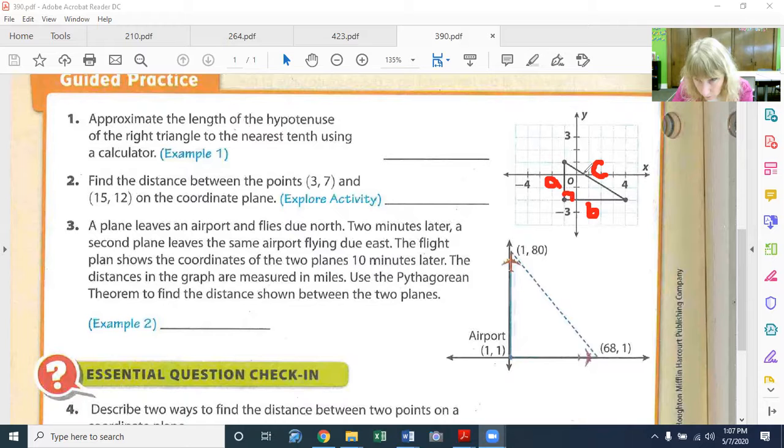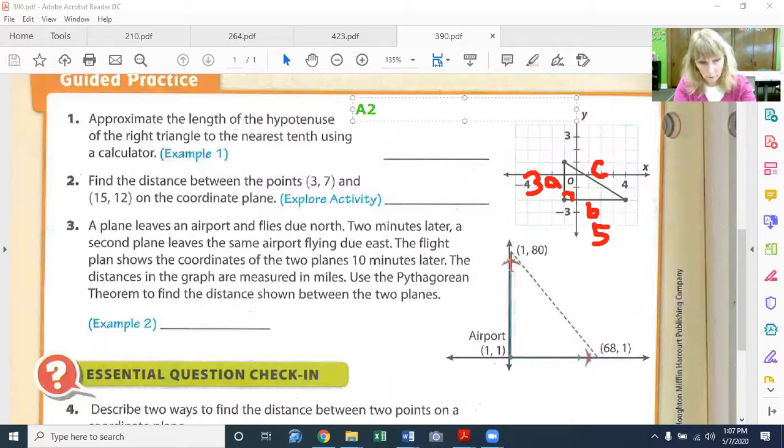Let's make sure. 1, 2, 3, 4. Yes, they are. So we just count. 1, 2, 3, 4, 5. So B is equal to 5 over here. And A is equal to 1, 2, 3 over here. Make sure I'm counting that correctly. 1, 2, 3. So we use the Pythagorean theorem.